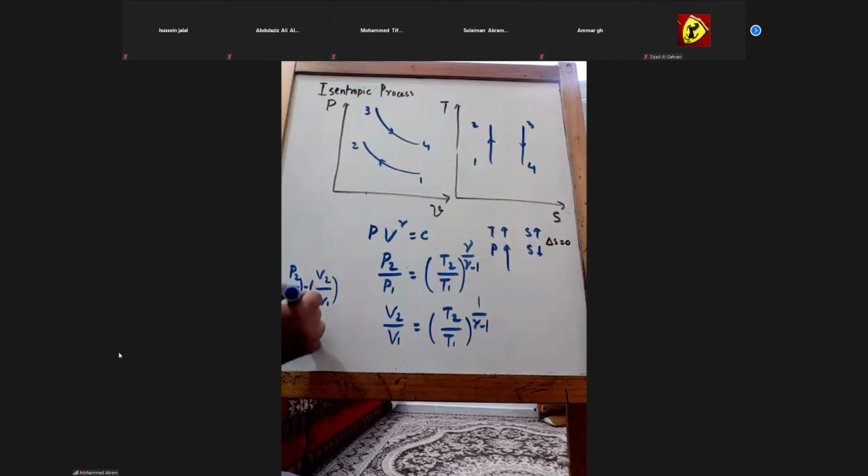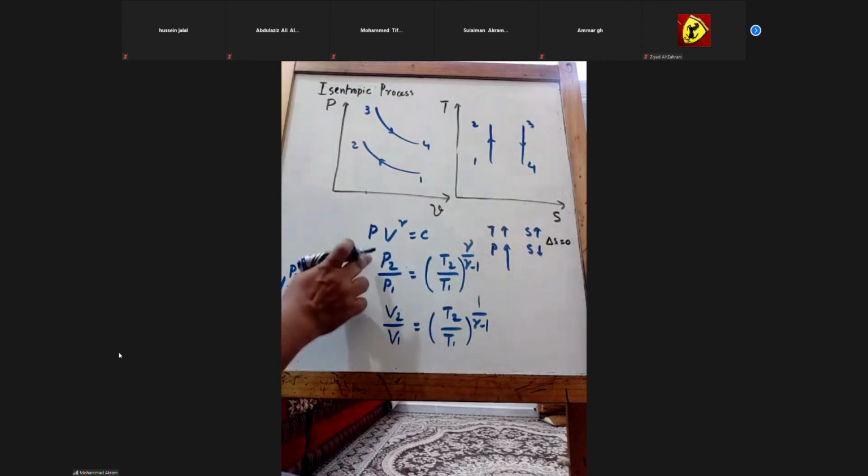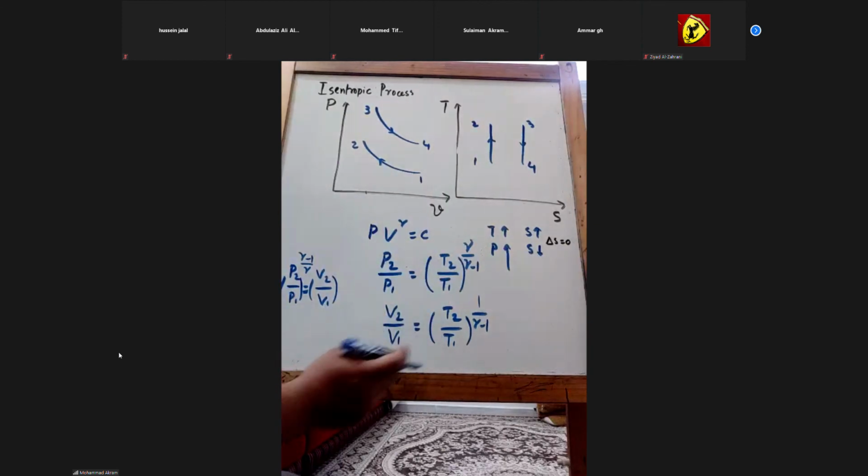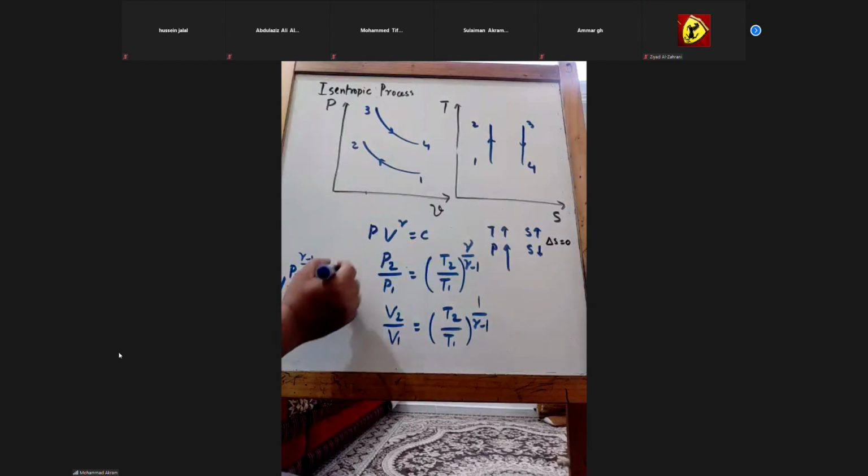See, what is T2 by T1? It is equal to P2 by P1 to the power gamma minus 1 over gamma. And what is V2 by V1? T2 by T1 is equal to what? Gamma minus 1. Doctor, why do you reverse the power?